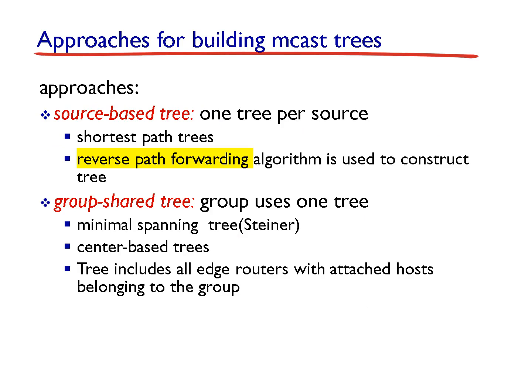In the source based tree, there will be one tree per source, and the reverse path forwarding algorithm is used to construct the tree, based on the source device. When a source device wants to transmit its data to n hosts in a group or n routers, that source will create a tree.